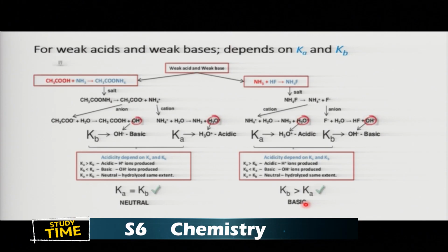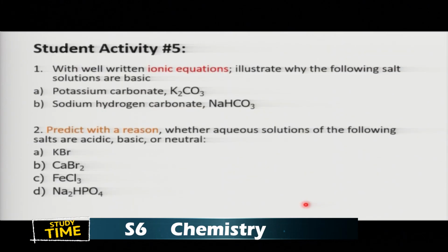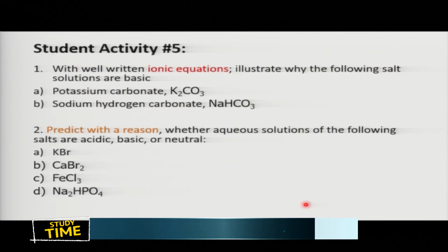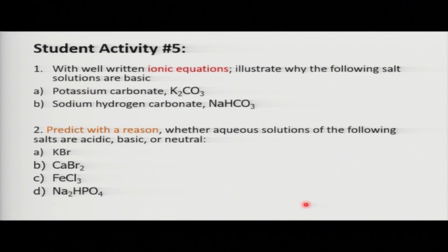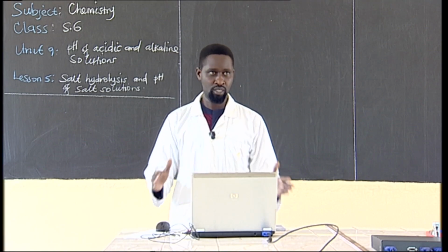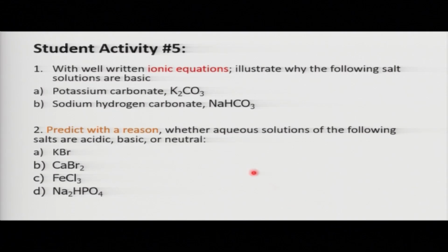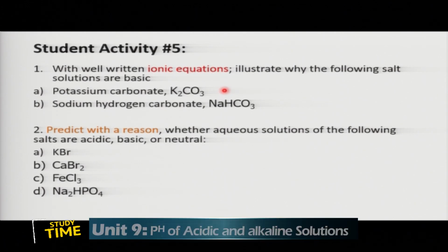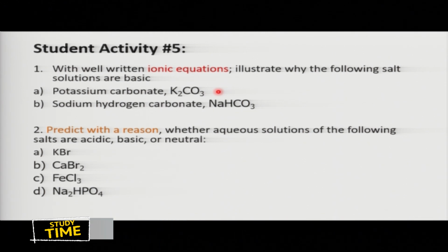As I conclude, I'm leaving you with an activity. Based on what we looked at and what we concluded, the activity asks you to write the ionic equation of what happens when you dissolve potassium carbonate in water and what will happen to its pH.